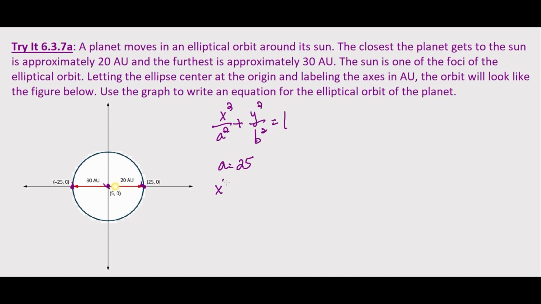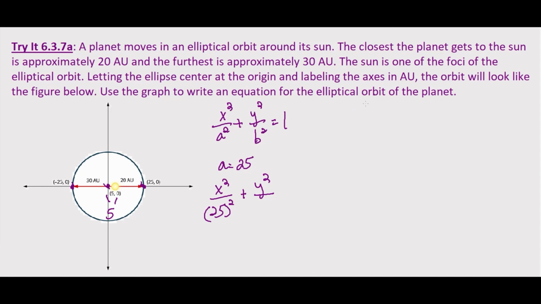So we have x squared over 25 squared plus y squared over, well, how do we find b squared? We have to remember the relationship involving the focus. Remember the distance from the center to the focus, which in this case is 5 astral units. That's c.